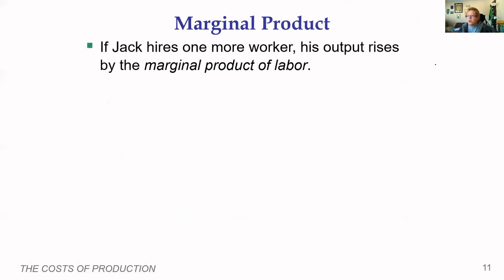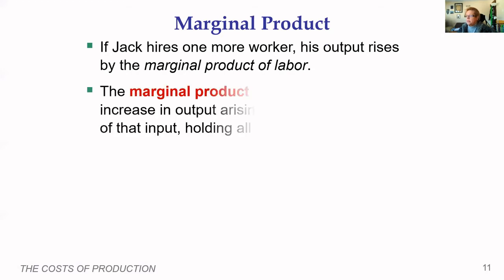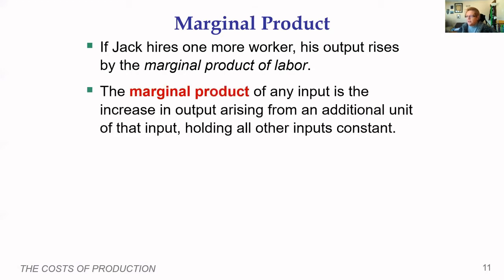If Jack hires more workers, his output rises by the marginal product of labor, or marginal revenue product is what your book is terming it as, which is the same thing. Okay, so again, any input is the increase in output. So notice that we went from 0, the output was 0, and then we added 1 worker and it was 1,000.